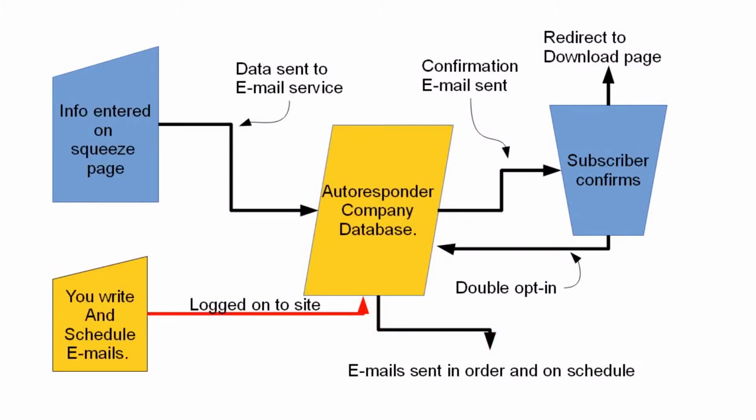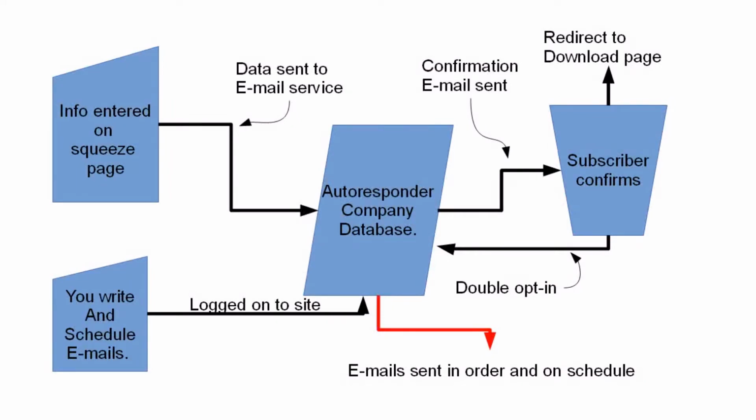Now, in a secondary process as well, you write and schedule the emails. You log on to the autoresponder company's site and you write your emails, and you can personalize them with the person's first name, and you can put other information in as well that changes with each email. And this all gets stored in the autoresponder company's database, and then the emails are sent out in order and on schedule.